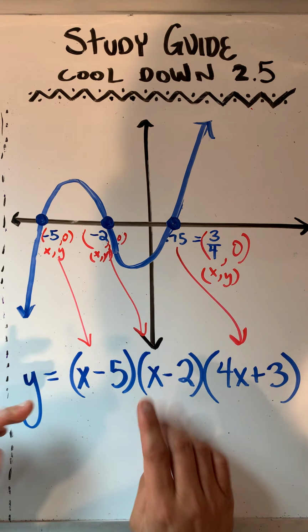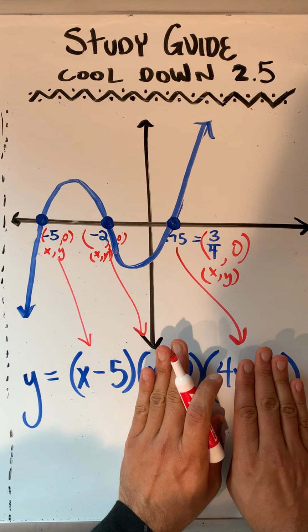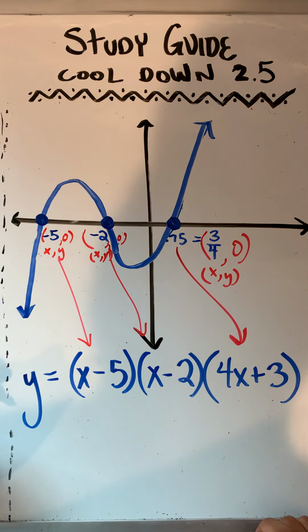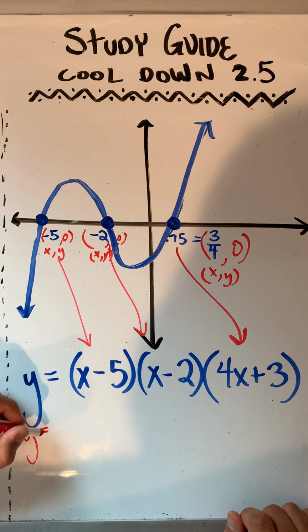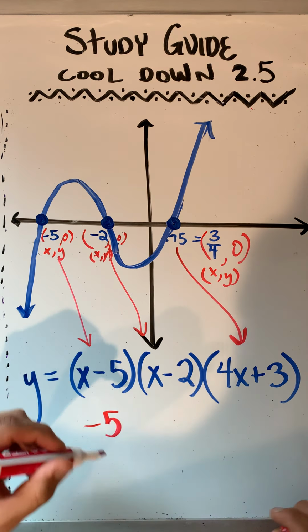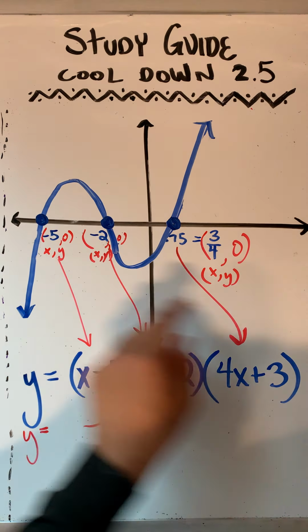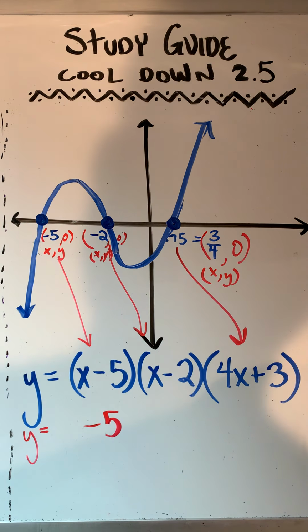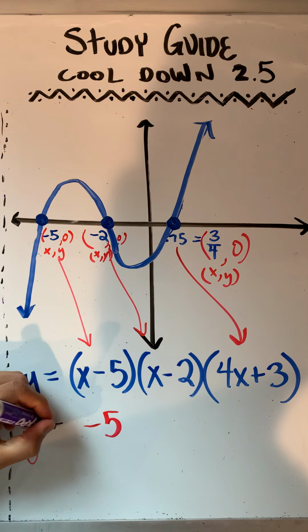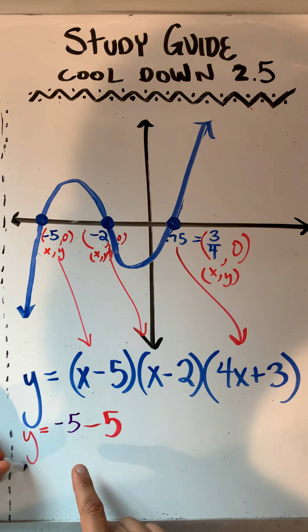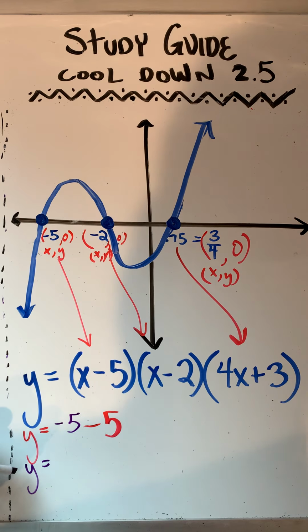So let's go ahead. We're going to ignore these two factors here and isolate the first one. And I'm going to substitute the given x value of -5 to see if we get a y value of 0.